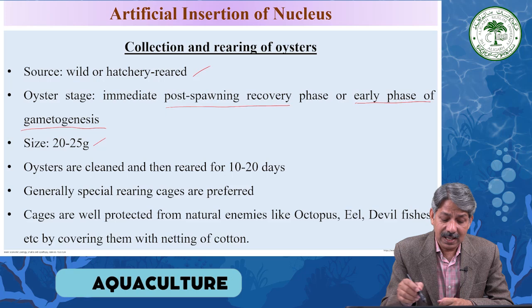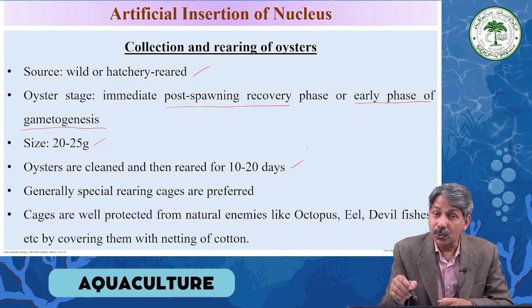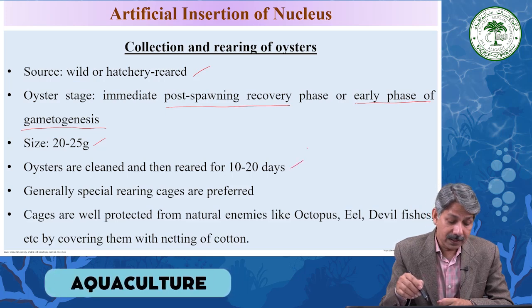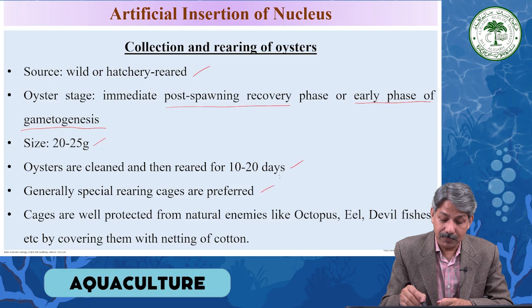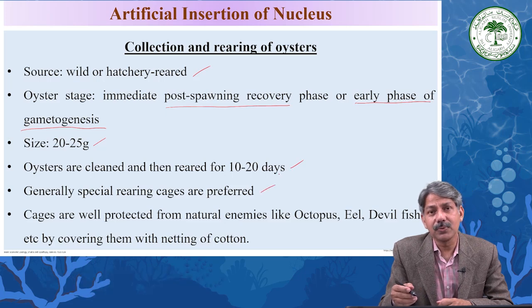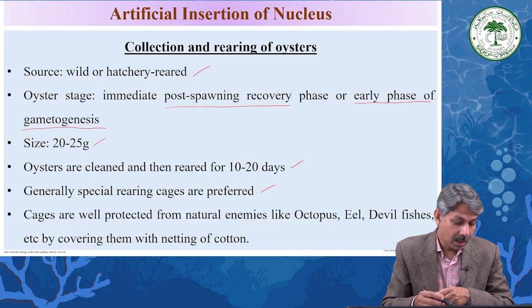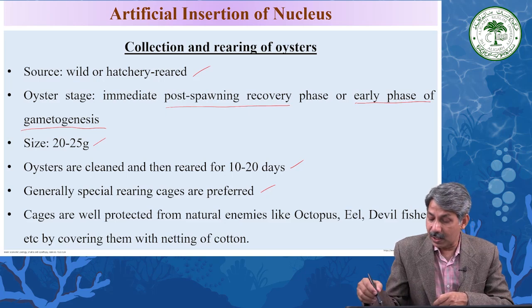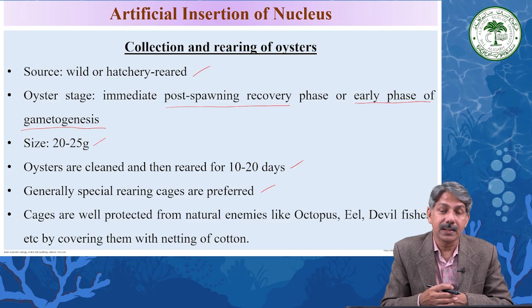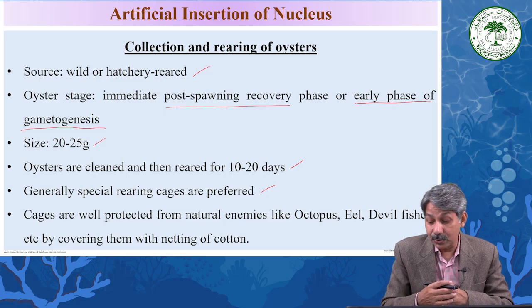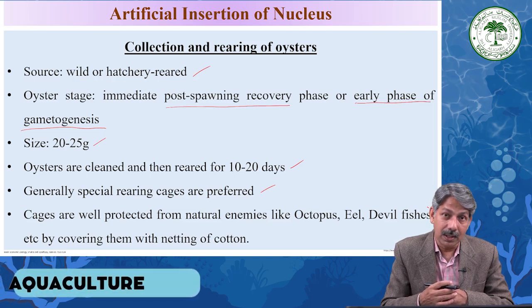Oysters are cleaned and then reared for 10 to 20 days. Generally, special rearing cages are preferred, which means you will have to take care of them separately, and the cages are well protected from natural enemies. If you are putting the cages in natural conditions, of course there are many wild aquatic animals that may feed upon these oysters.